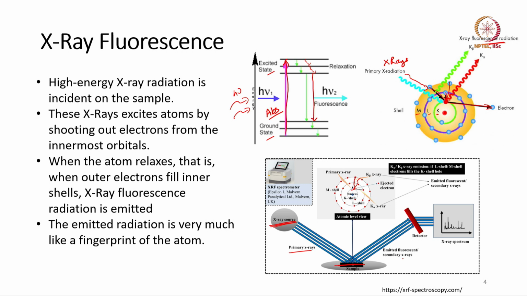The secondary X-rays are emitted, which are then recorded in the X-ray fluorescence spectra that we get. Based on this, we can identify what elements are there in our sample. Here you can see the instrument of the X-ray fluorescence.